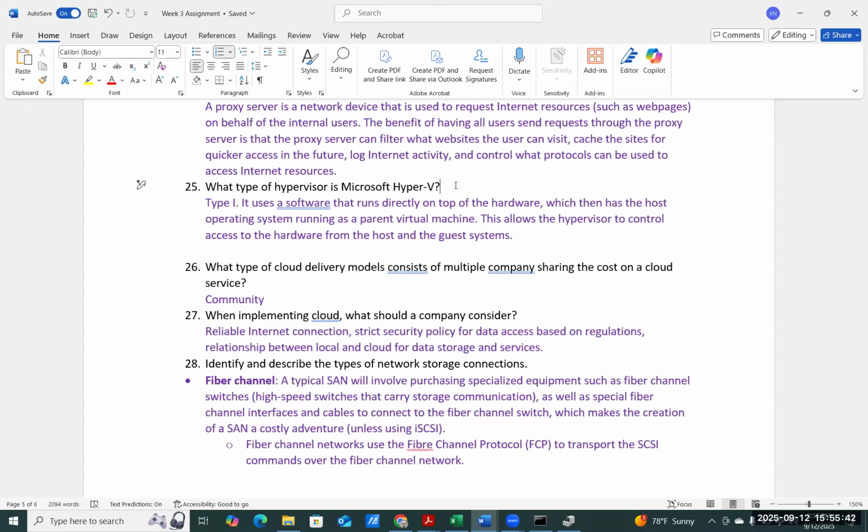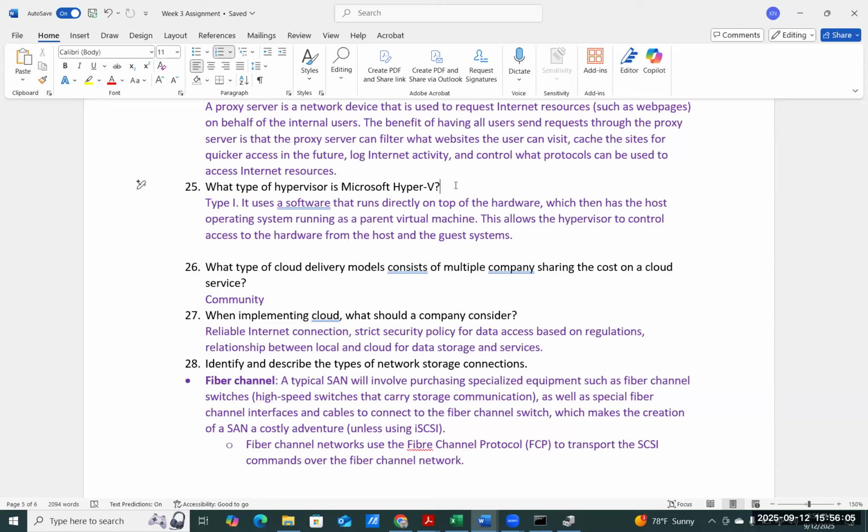So then the host operating system runs the parent virtual machine. So you have to install a Hyper-V license, and that allows you to access the hypervisor to be able to access the hardware of your host system.